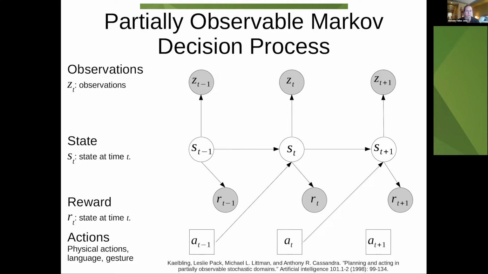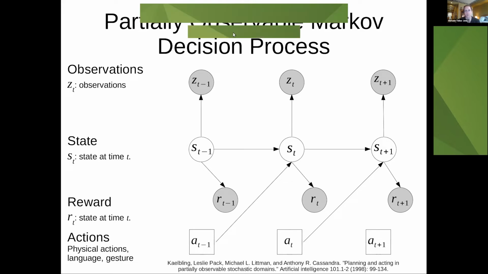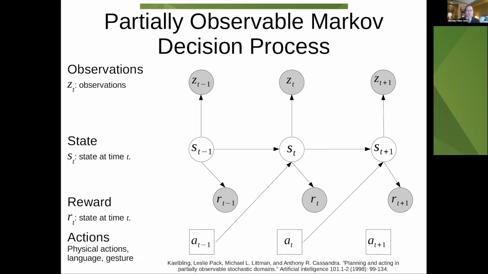So solving POMDPs in general is extremely hard. And some people get turned off by these models because they're so hard to solve in the general case. But we shouldn't be surprised that the model that we were looking at to make robots understand language is hard, because robotics is hard and language is hard, and robotics and language together is even more hard.